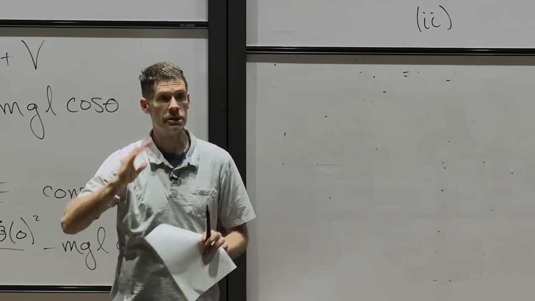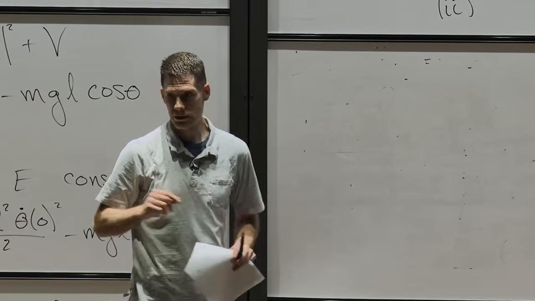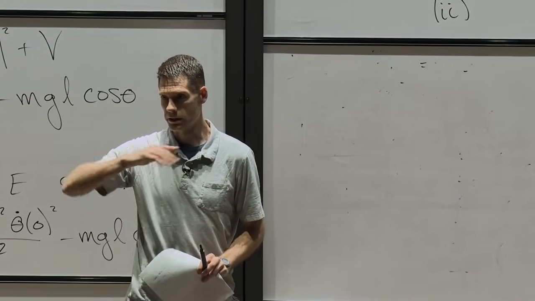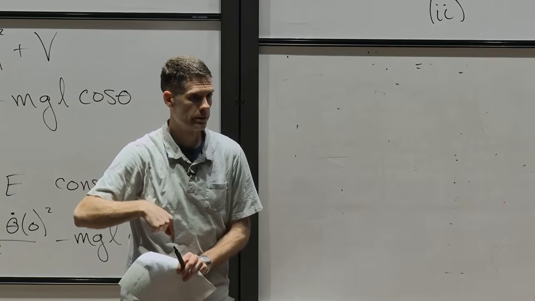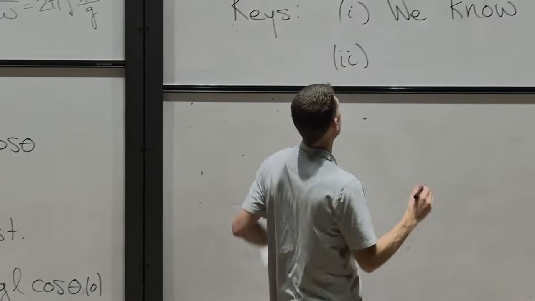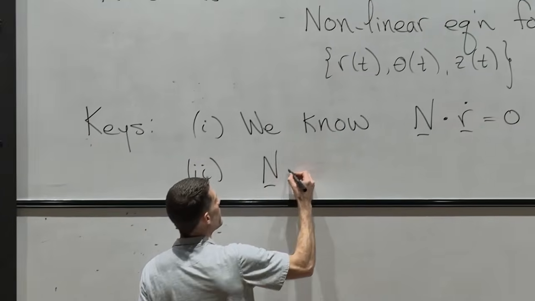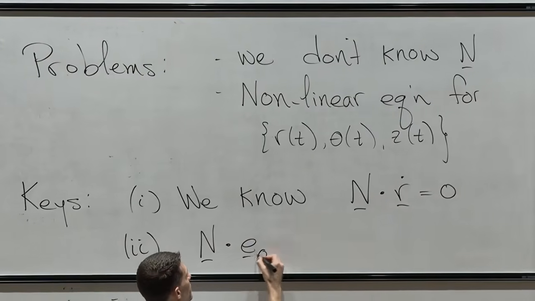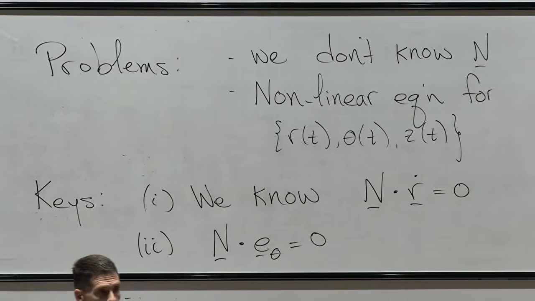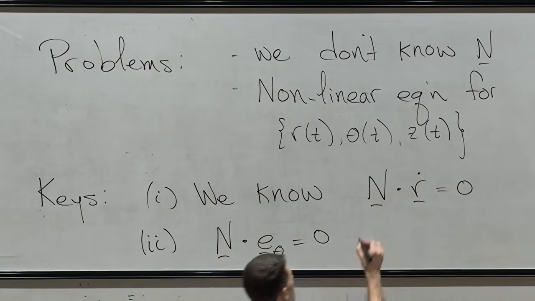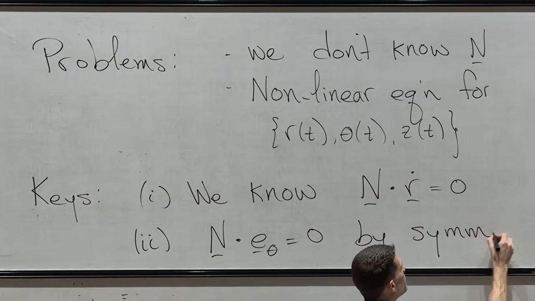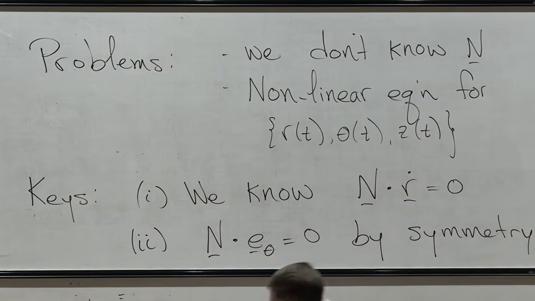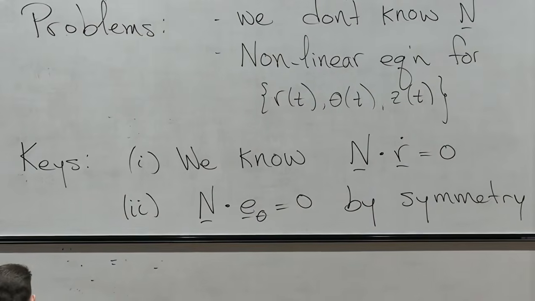In other words, just geometrically, the normal to a surface of revolution does not point in the circumferential direction at all. And so n, in this notation, we can say that n dot e theta is 0 by the symmetry of the surface. Okay, that's going to be quite useful.